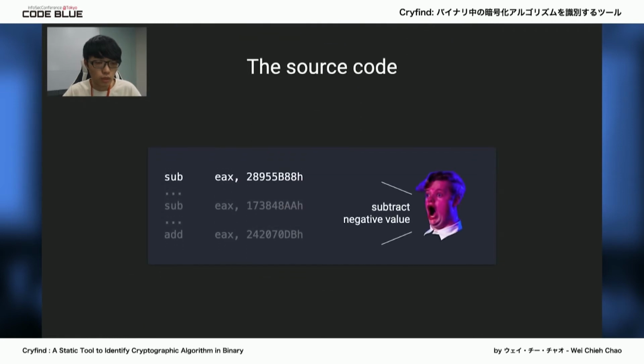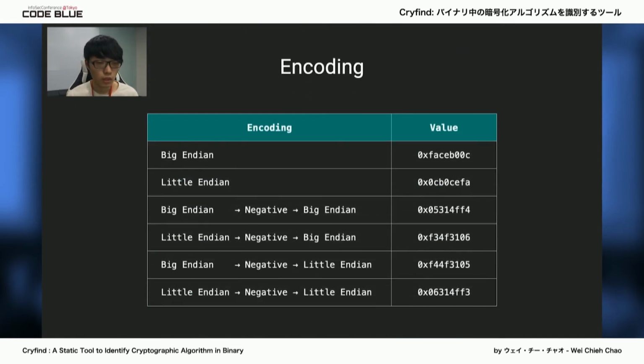Looking at the assembly code, we can see that the addition has become a subtraction, because the value is negated in 2's complement representation. That's why we can't find the cryptography constant in the binary: it has been negated. So we need to apply some encoding methods in order to find it in the previous example.